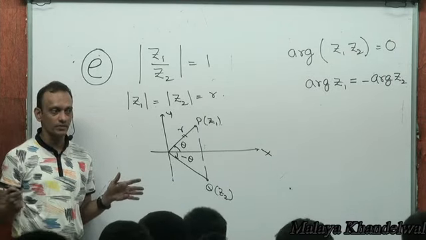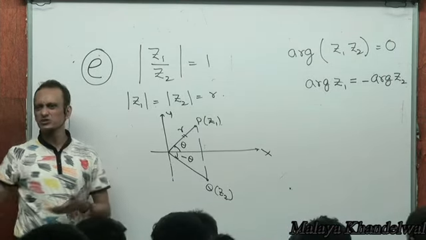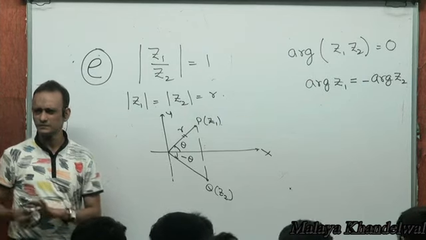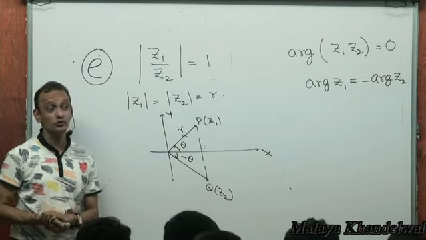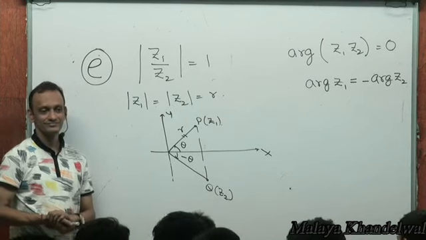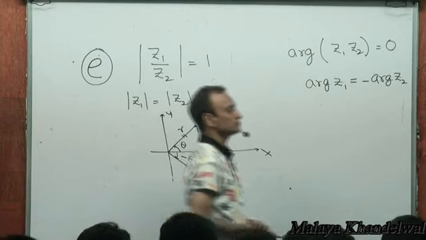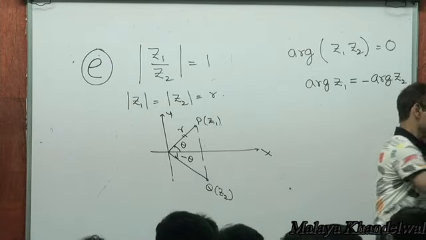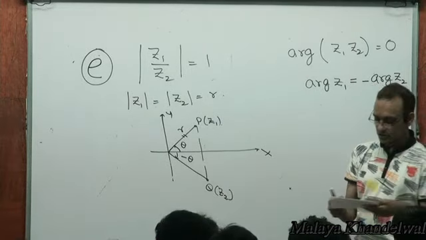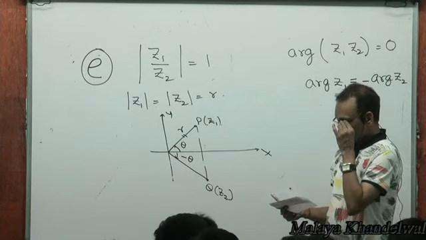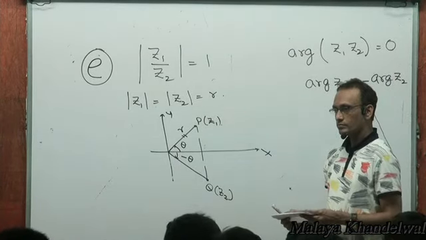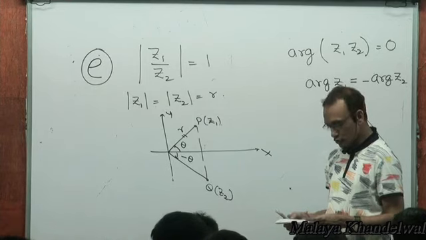Mirror images of each other about the x-axis. And now just check with options, whatever is required. Z1 of course is not Z2. Right? So option A is rubbish. Option 2, right?